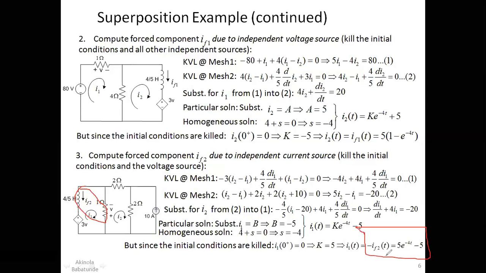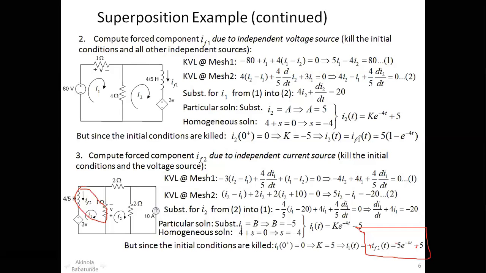Okay, so minus IF2 of t equal to this. That simply means that if you were looking for IF2, you just multiply everything by minus, so it becomes plus here, this becomes plus here, and this becomes minus. So this is what you have as your IF2 at the end of the day.